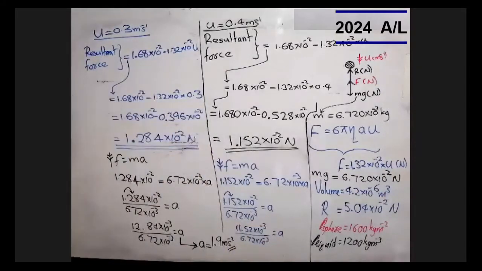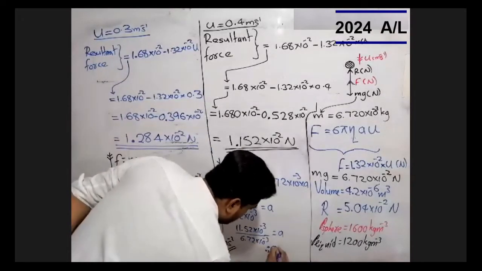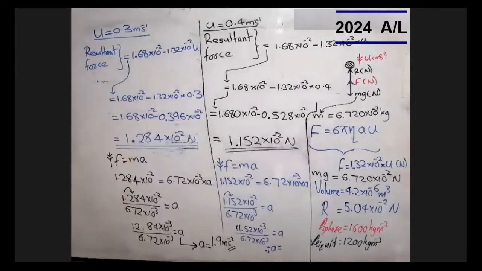Now 10 to the power minus 3 and 10 to the power minus 3 cancel out. Then we get a equals 11.52 divided by 6.72. Let's divide it.